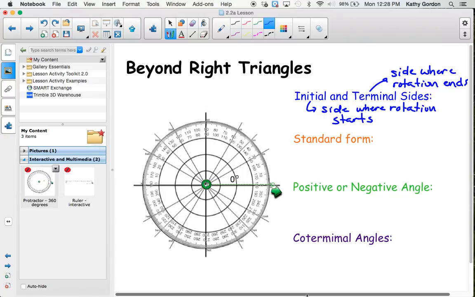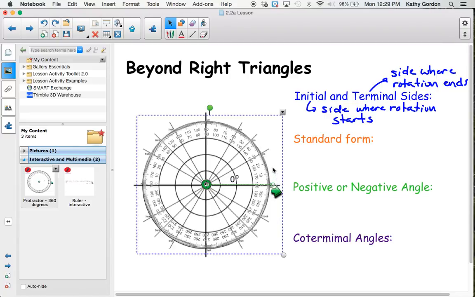Okay, so if you move your protractor so that the part that moves actually lines up with that, that would be your initial side. And then, as I take this green line and start rotating it, this line stayed put.